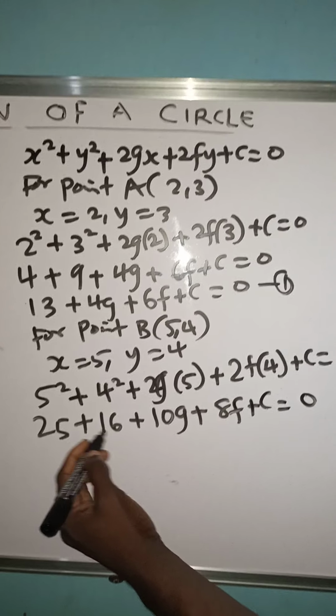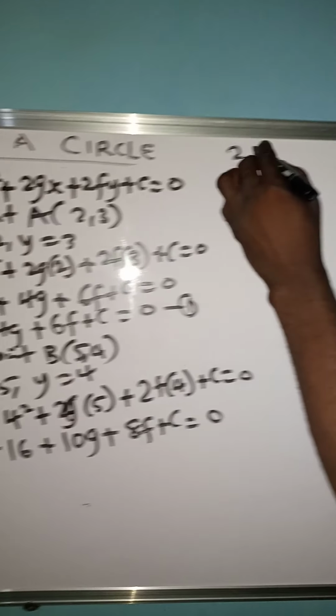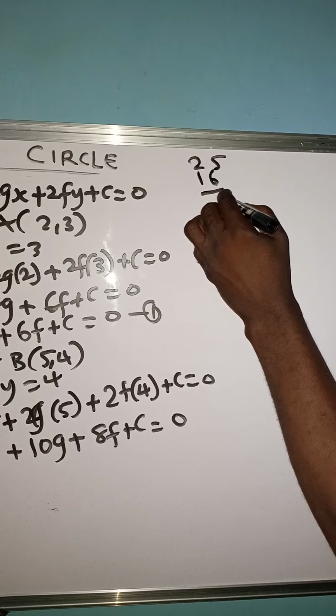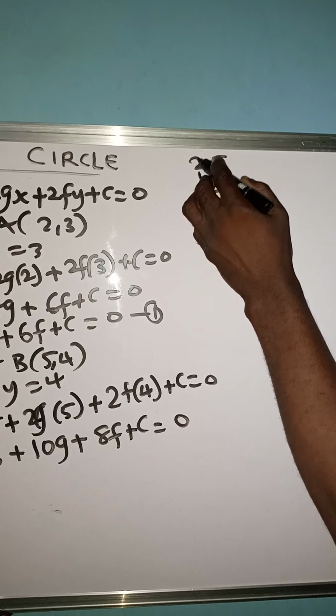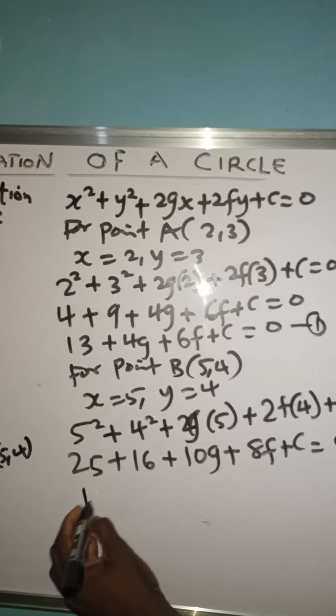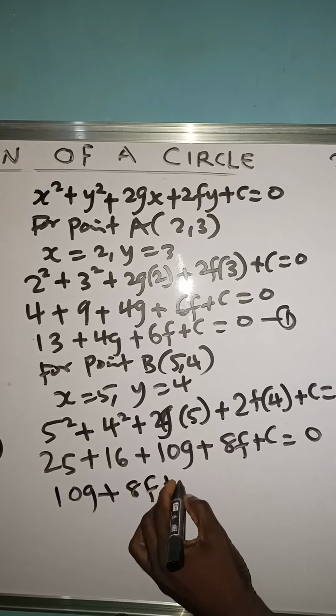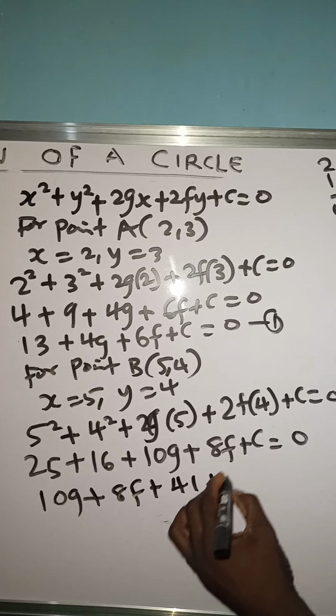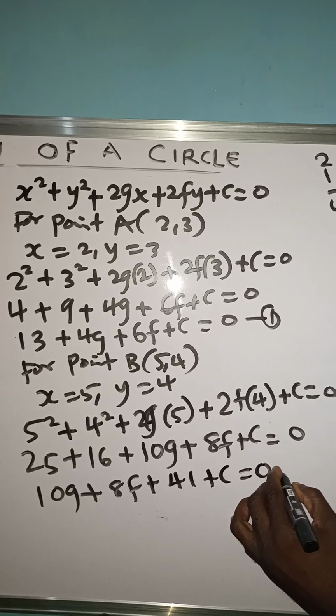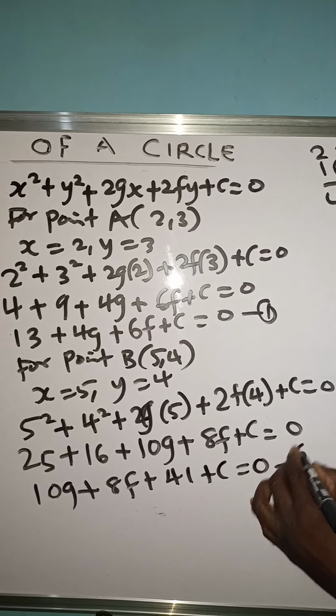So 25 plus 16 is 41. So we have 10g plus 8f plus 41 plus c equals 0. This is your equation 2.